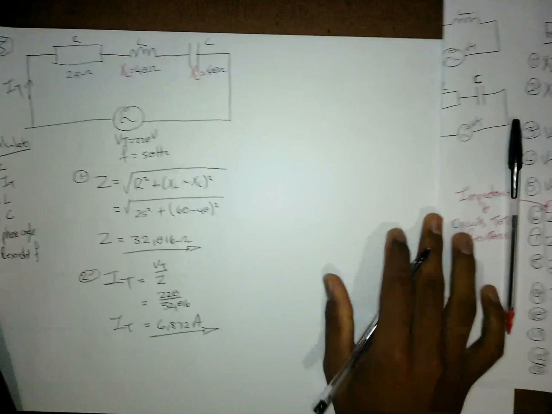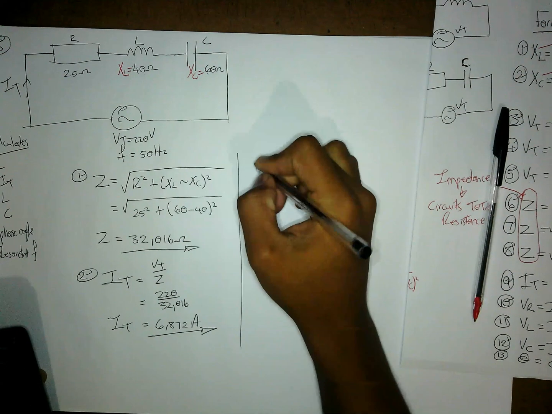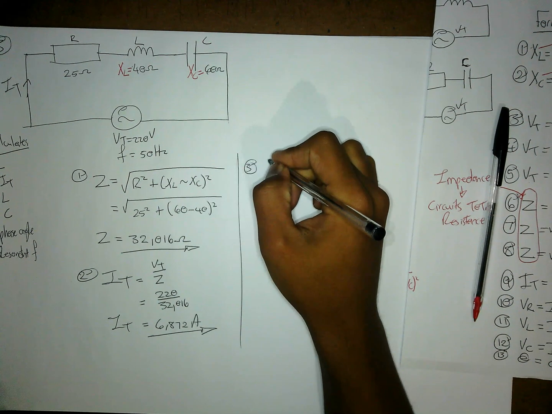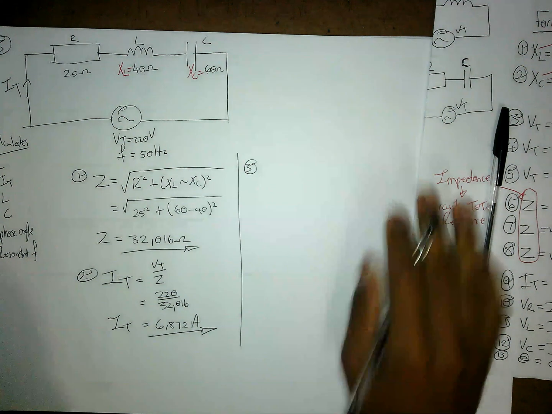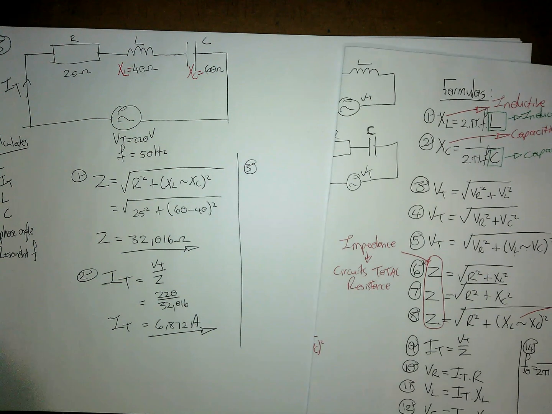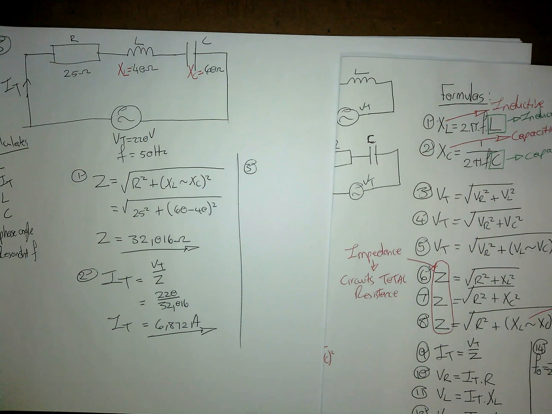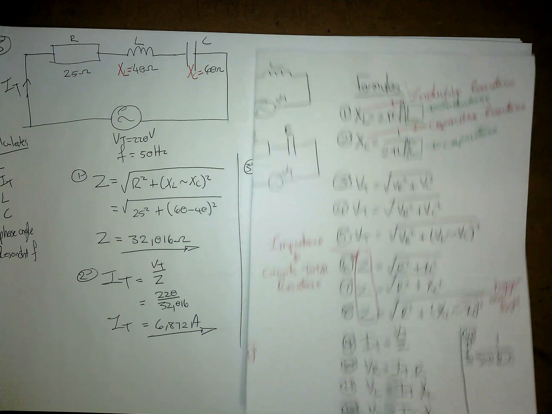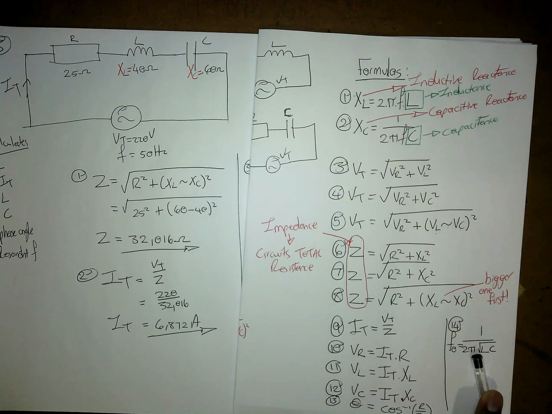So our L. They're asking for L. And the only way we can get L is to manipulate a formula. If you can see here, this formula is for our resonant frequency, number 14.